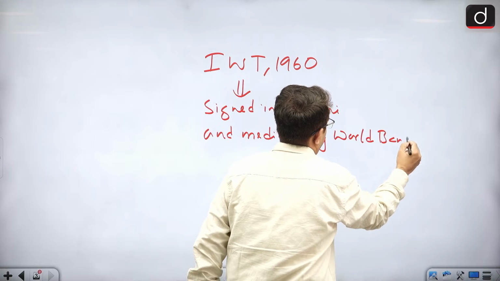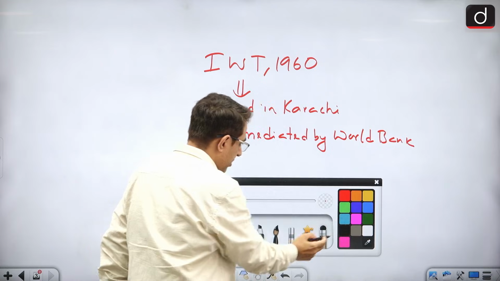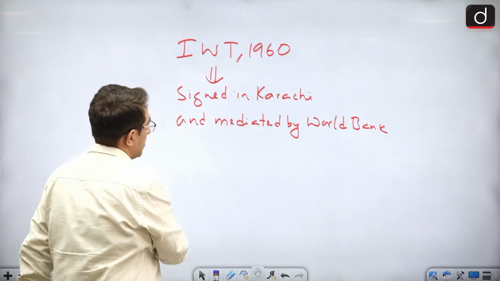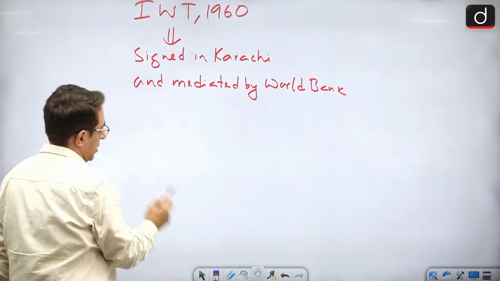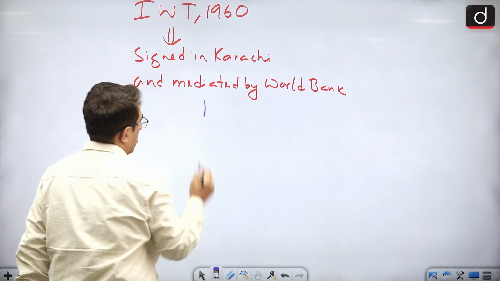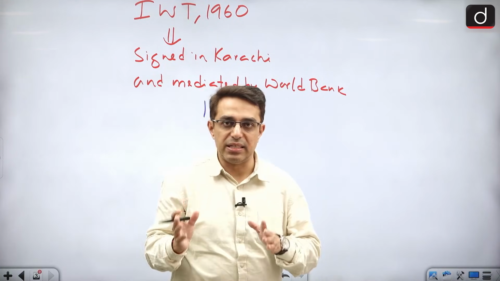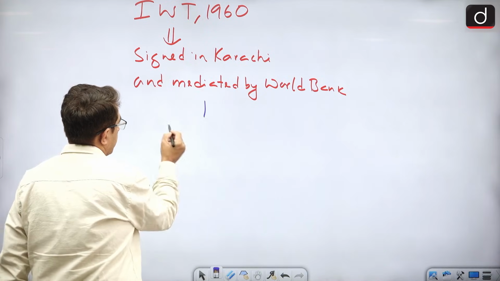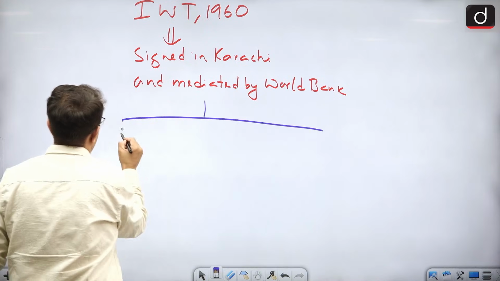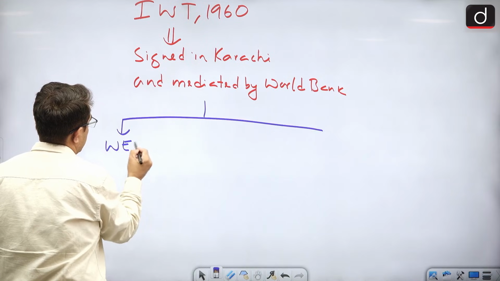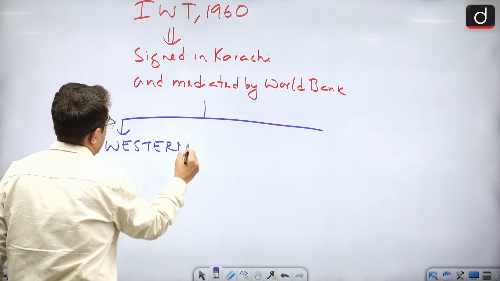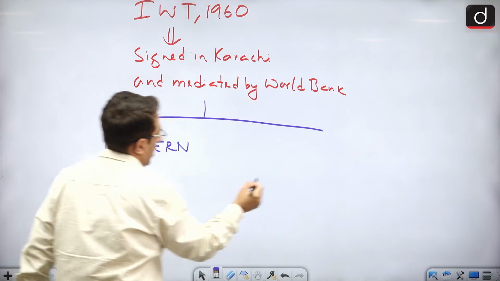Now what does this treaty do? So it divides the Indus basin into western rivers and eastern rivers.